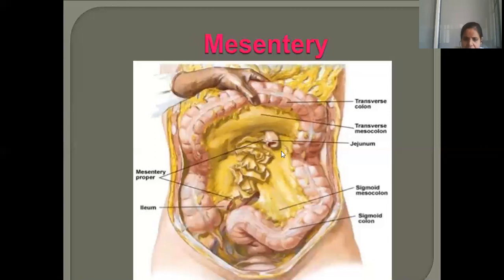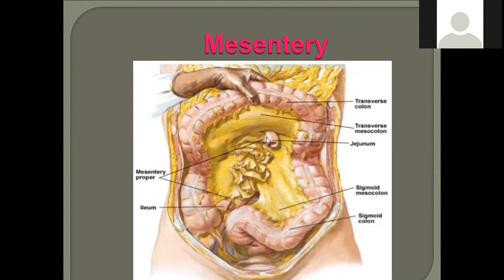From where? See, what is the first part of small intestine called as? Duodenum. Very good. DJI. I want you to remember this code. DJI. Duodenum, jejunum, and ileum. Okay. Duodenum is the first part, jejunum is the second part, and ileum is the third part of the small intestine. Okay. So we will have, see, mesentery has been cut.